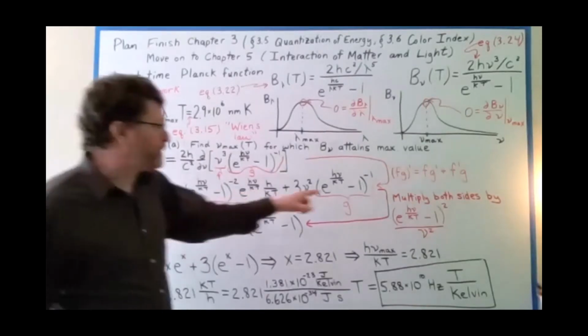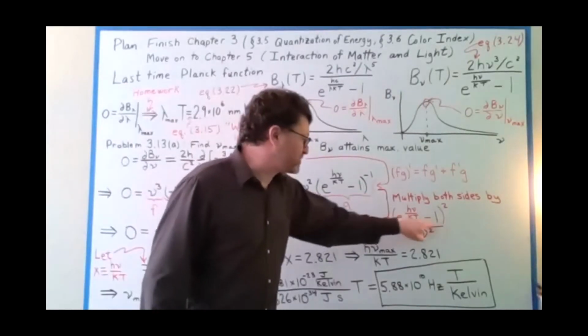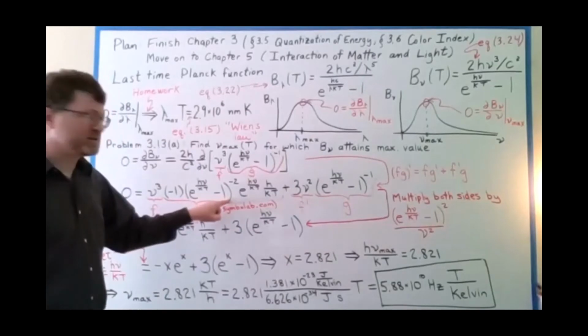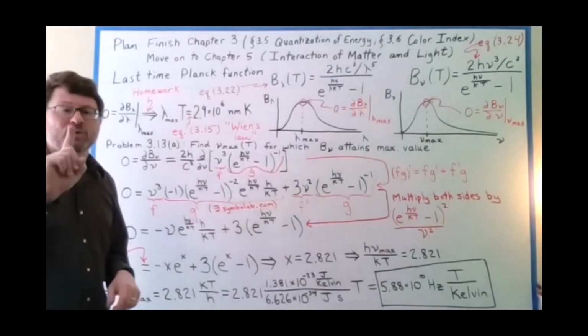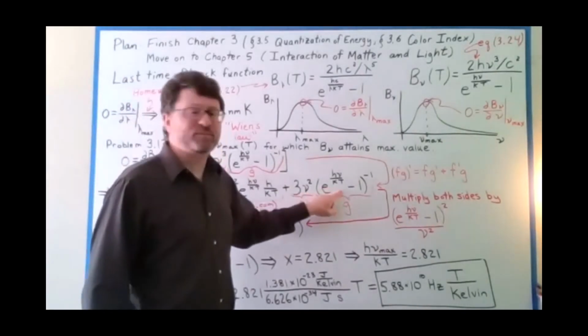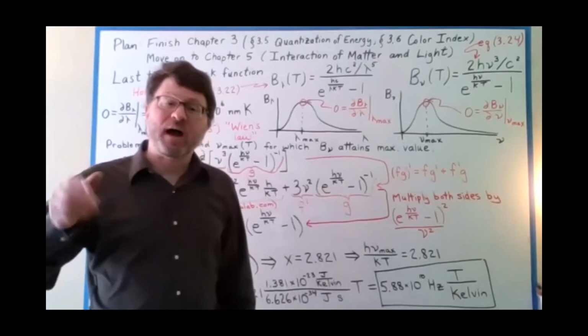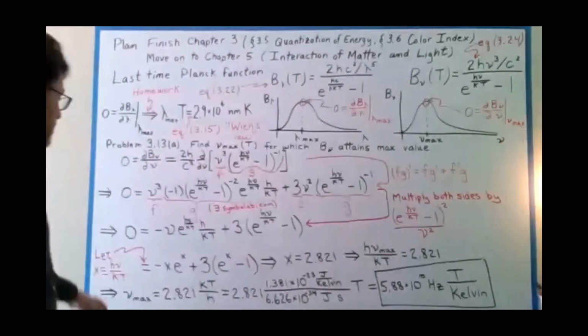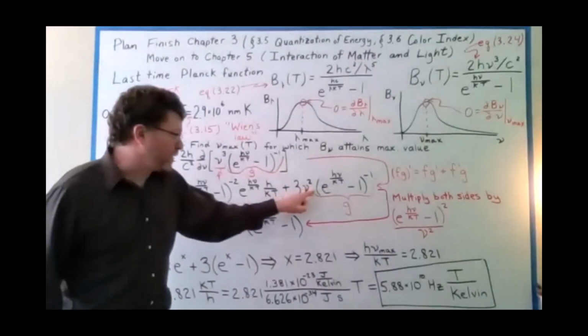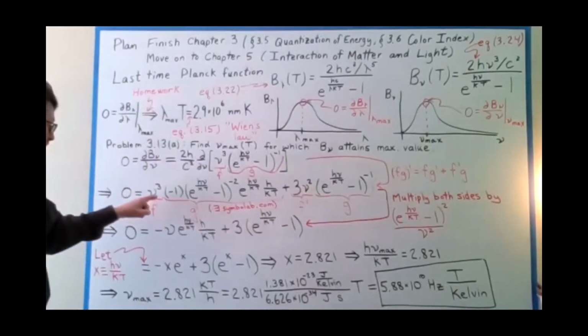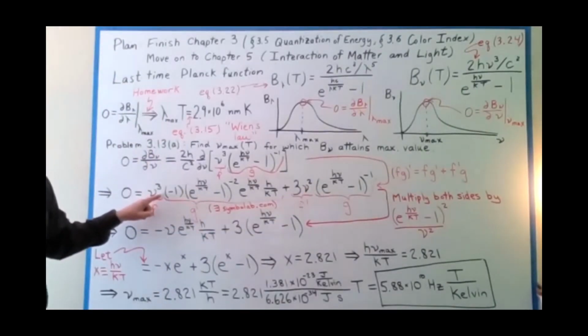And so if I've multiplied both terms by that denominator squared, this thing in parentheses is just going to be that thing to the 0, which is 1. And this thing, at least it comes up, it'll have a power of 1 rather than minus 1 after I've multiplied. And I'm also going to divide by nu squared. And so that would get rid of the nu squared here, and it would take this down to nu, to the first power.